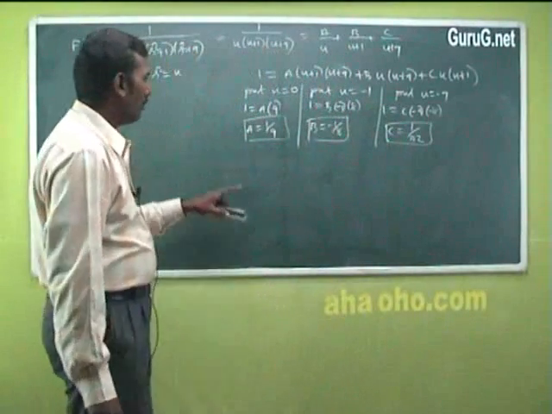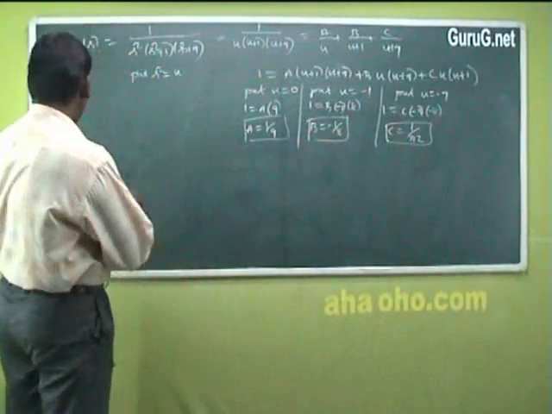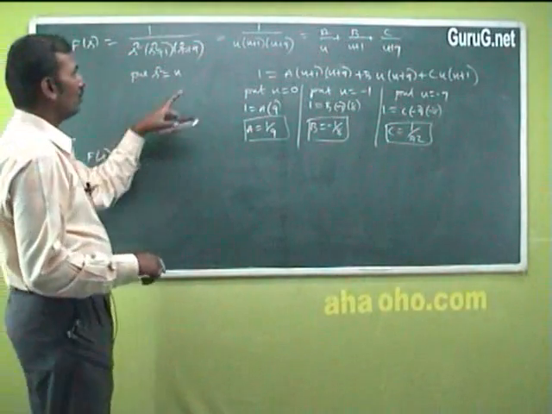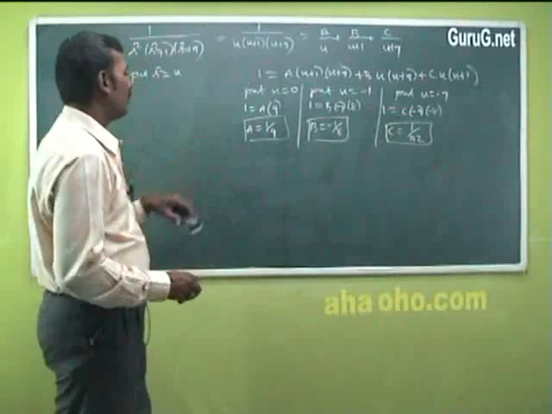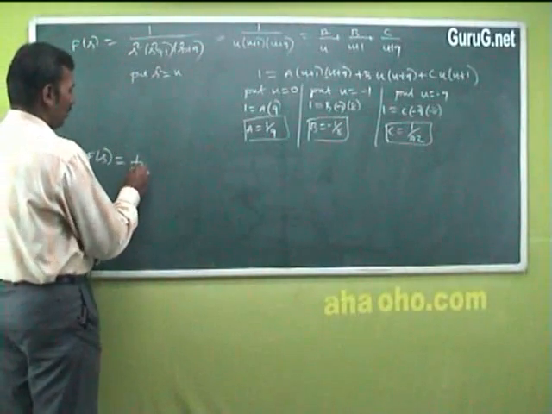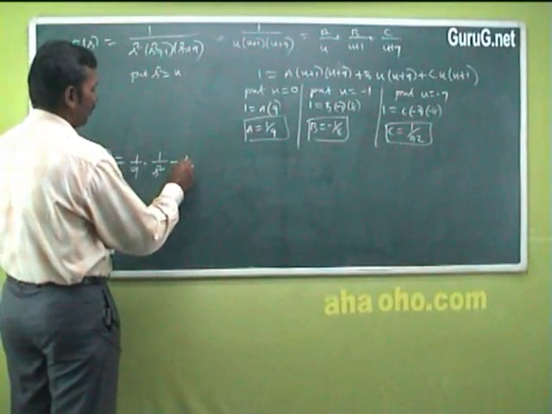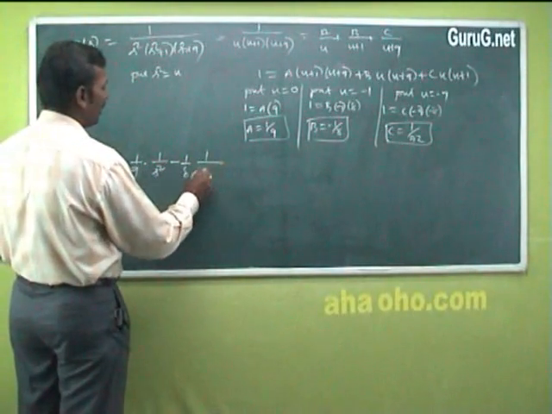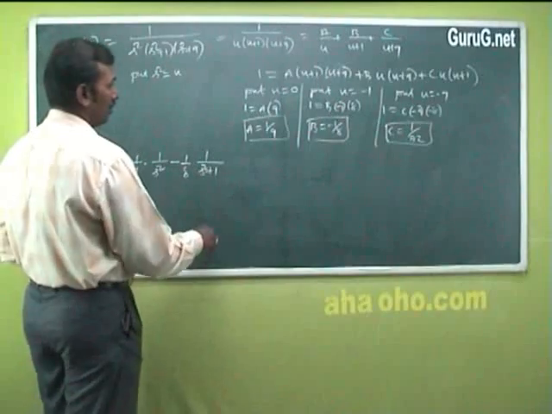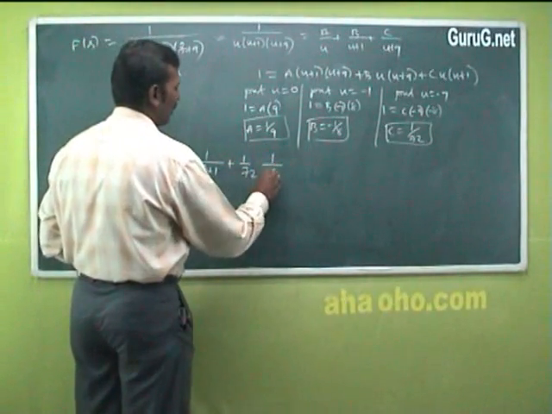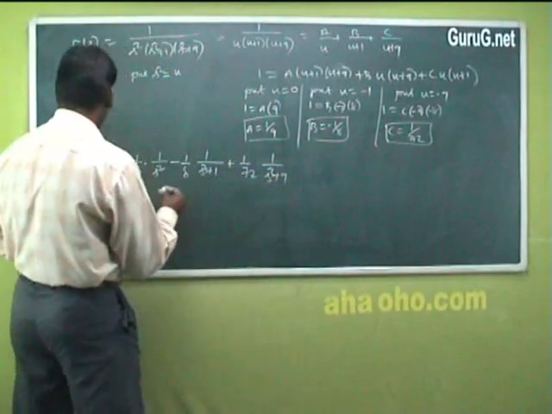Right? Now therefore you substitute here. Therefore f of s equals, now you replace u by s squared. So a's value is 1 by 9. So 1 by 9 into 1 by s squared, b's value minus 1 by 8 into 1 by s squared plus 1, plus 1 by 72 into 1 by s squared plus 9. You take inverse.